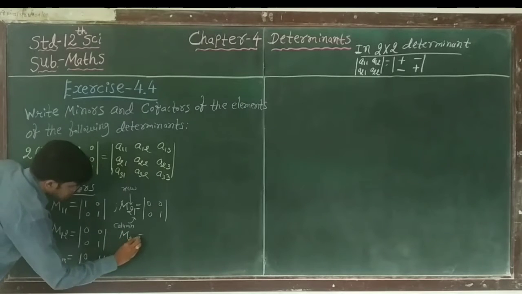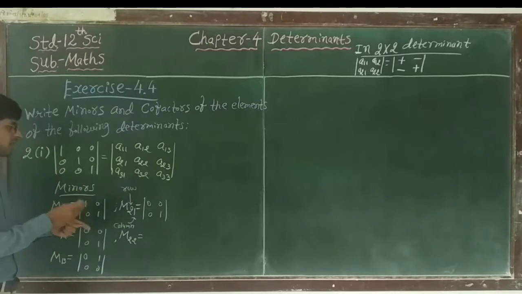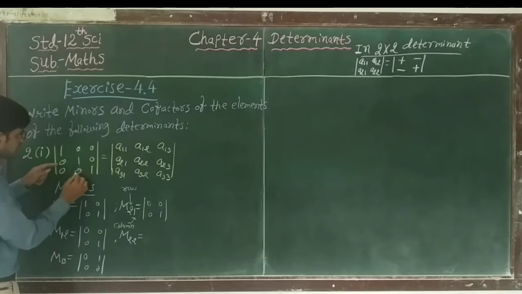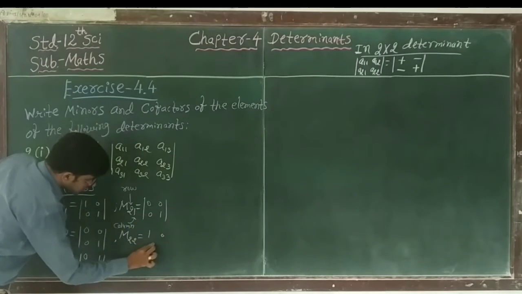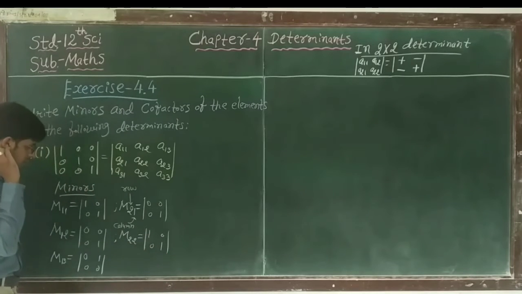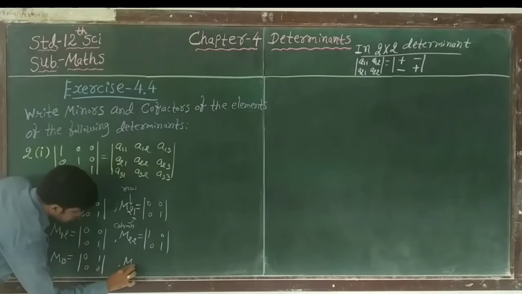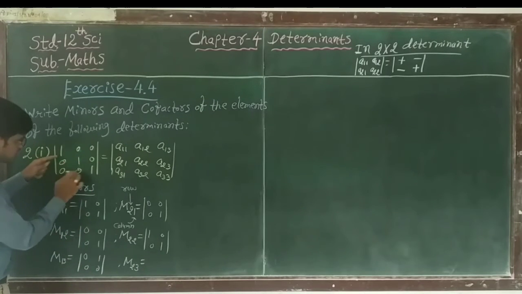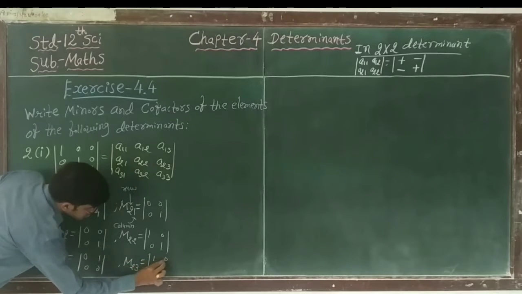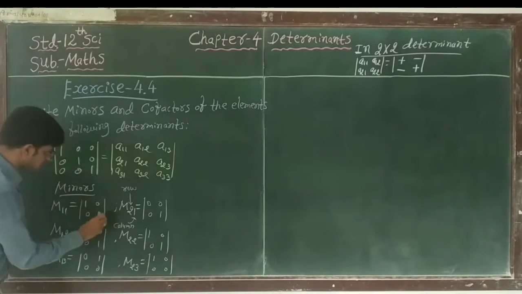M22 means we remove second row, second column. It gives 1 0 0 1. M23 means we remove second row, third column. It gives 1 0 0 0.